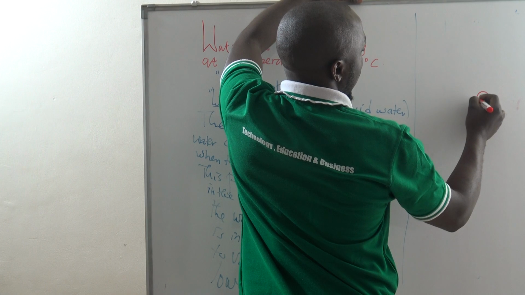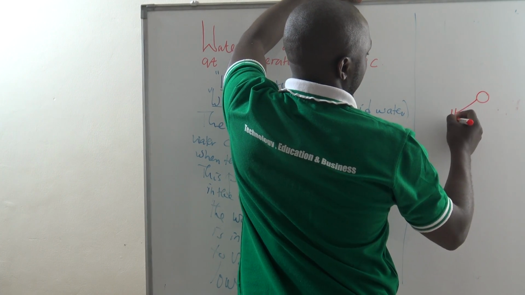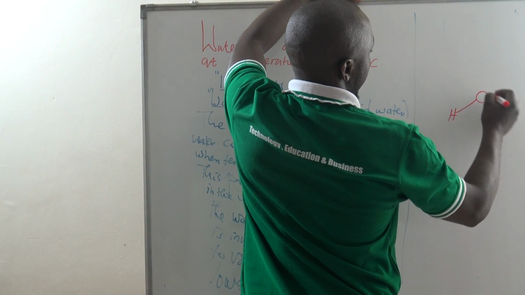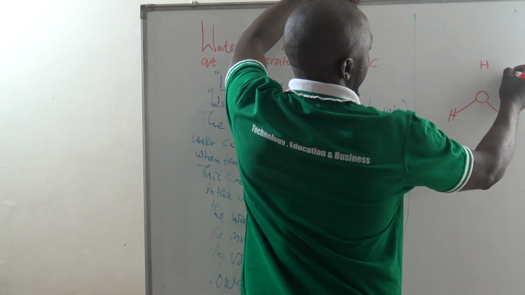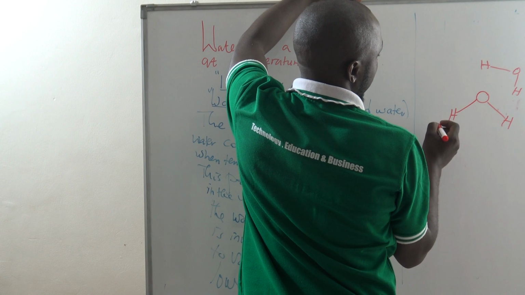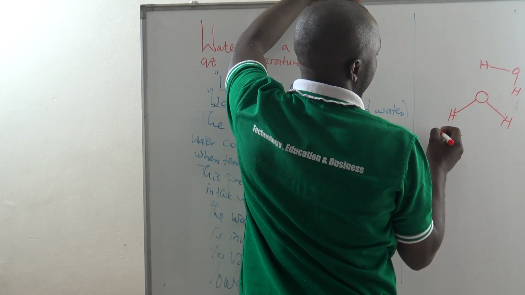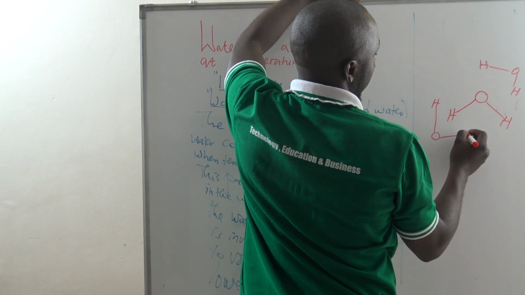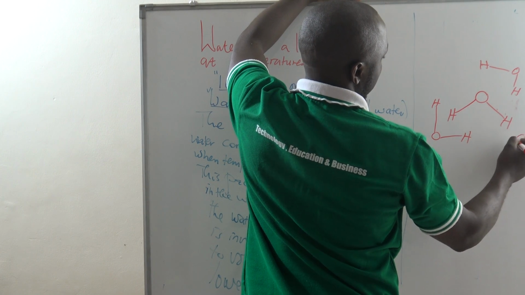We said in our water lattice, we have like 4 water molecules linked together by hydrogen bonds.